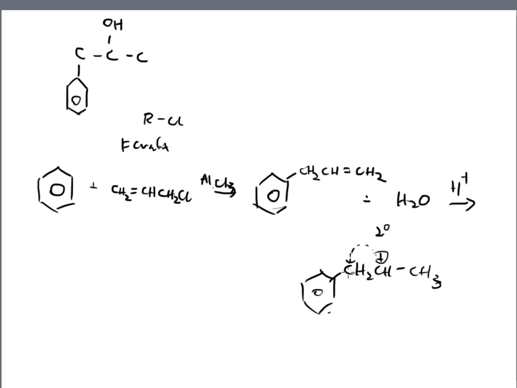If it goes there, that is a benzylic carbocation. And we talked in Chemistry 251 that a benzylic carbocation is more stable. That benzylic carbocation will accept that positive charge, and that is before the OH group comes.